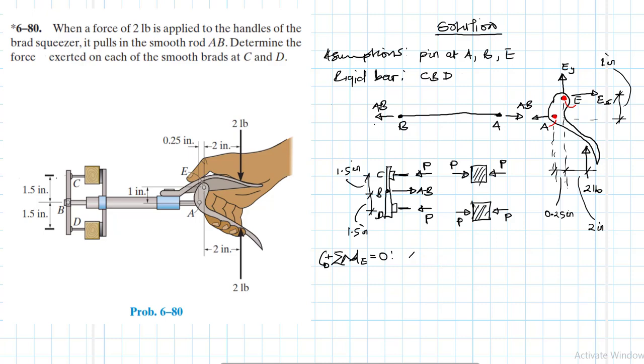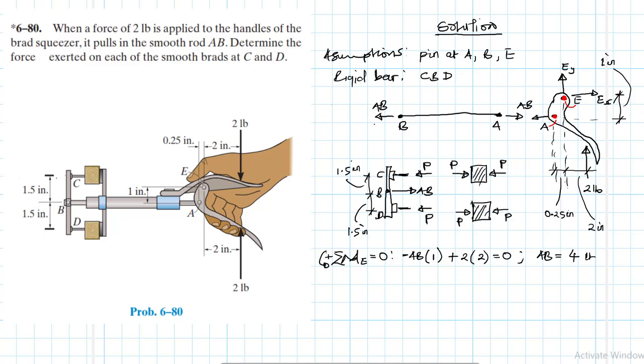We have AB, this is clockwise, right? AB times the lever arm 1, and then plus 2 pounds times the lever arm, which is 2, equal to 0. Therefore, AB is equal to 4 pounds.